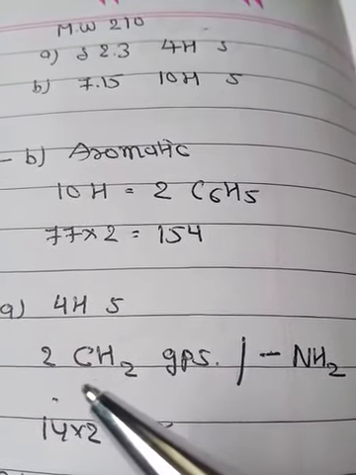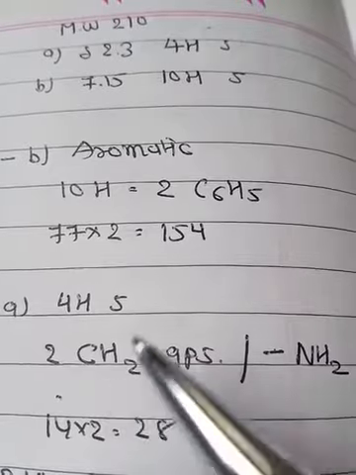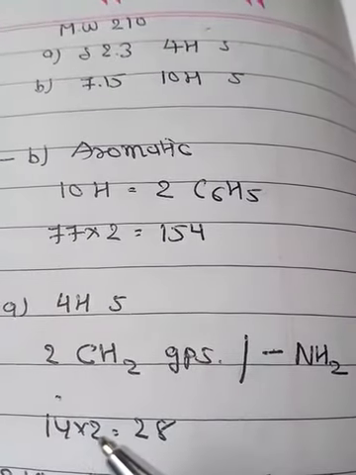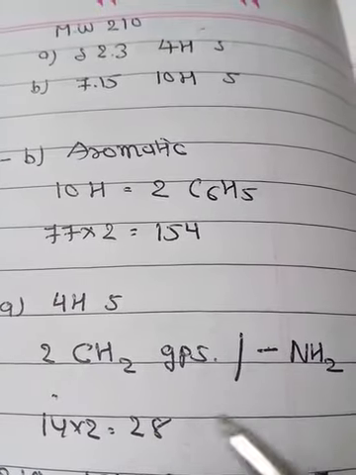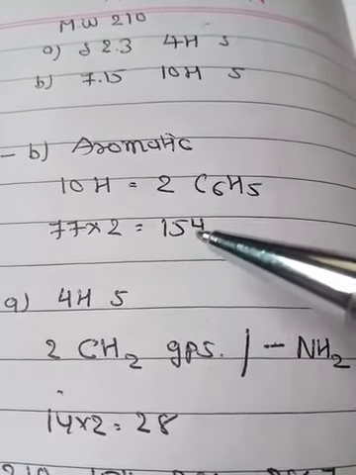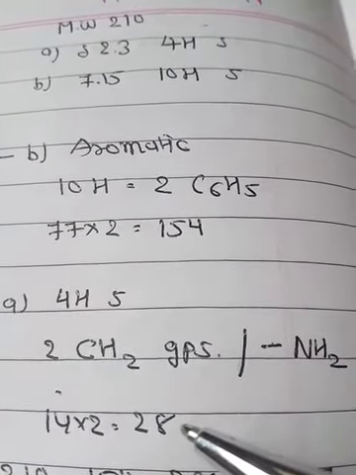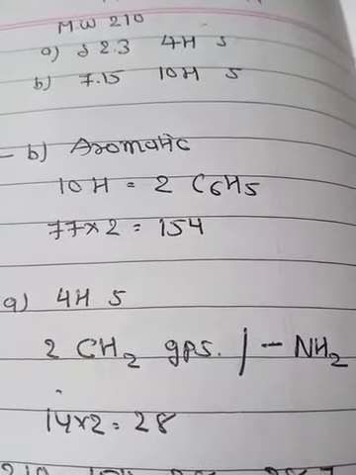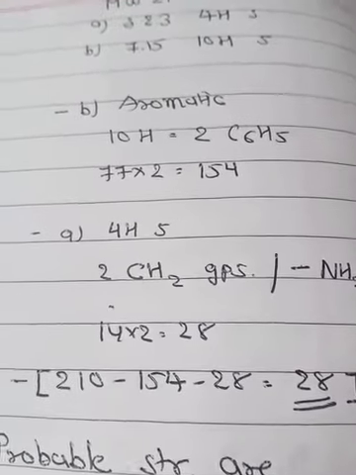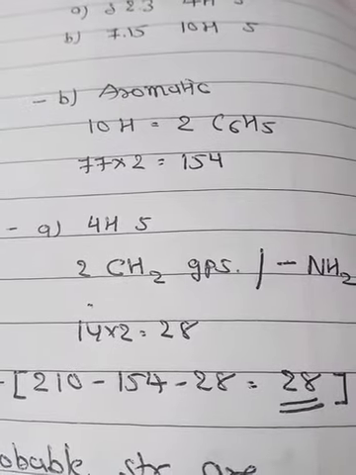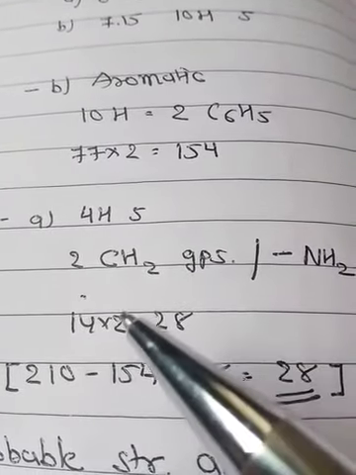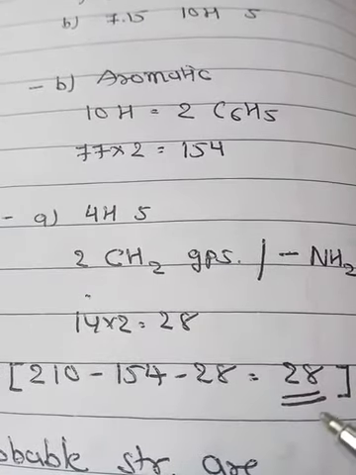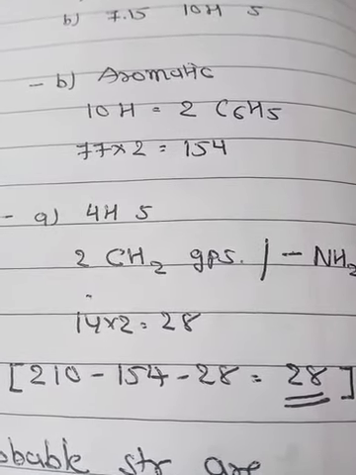So first we will go on the route as if there are 2 CH2. Each CH2 has a weight of 14, so 14 twos are 28. Now, whatever we have identified so far, 154 and 28, let us subtract from the given molecular weight. So 210 which is given, minus 154 of 2 phenyl, minus 28 of 2 methylene, so 28 is yet to be explained.